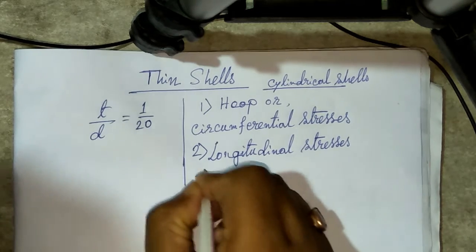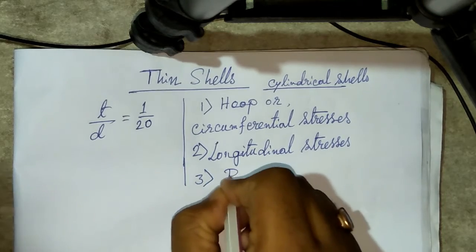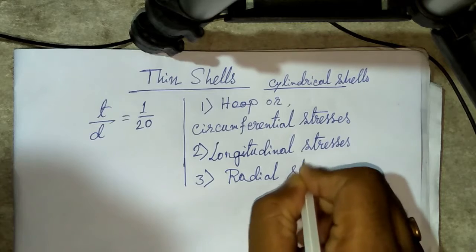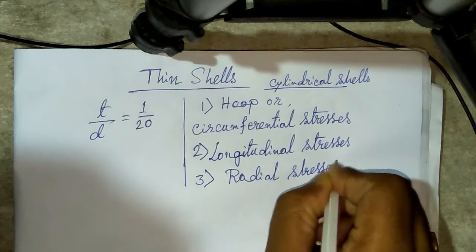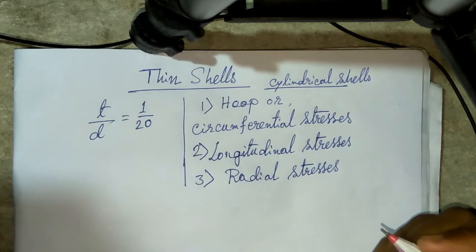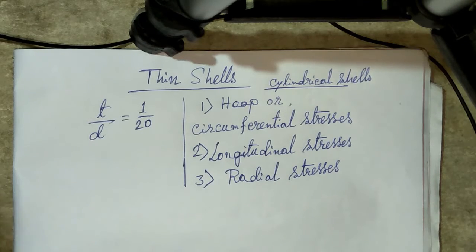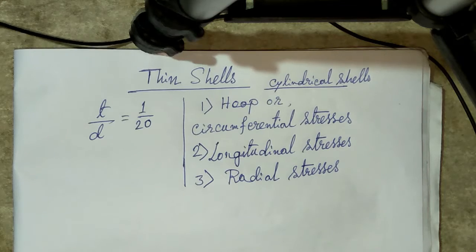And the third one is the radial stress. This kind of stress mainly acts radially and is too small and can be neglected, and these stresses act mutually perpendicular to each other and are the principal stresses.